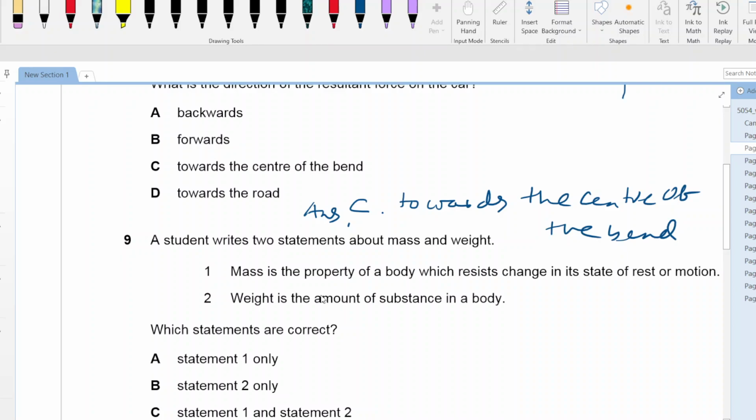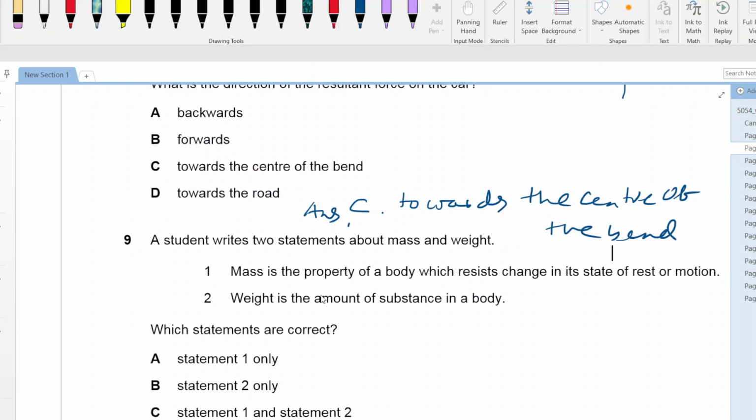A student writes two statements about mass and weight. Statement 1: Mass is the property of a body which resists changes in its state of rest or motion. This is from Newton's first law that gives the concept of inertia. And statement 2: weight is the amount of substance in a body.